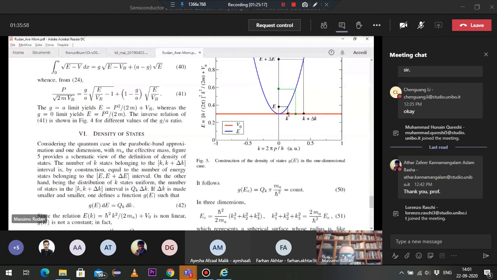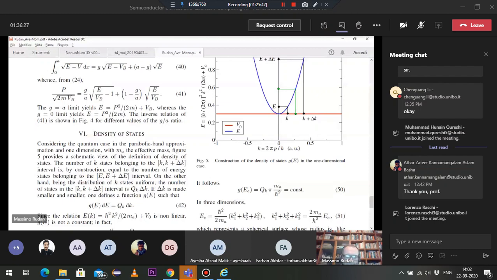Of course, since the K vectors are equally distributed, the total number of K vectors or values that are in the interval, you see equation 42, is equal to a constant density, Q of K, times the length of the interval that we have made infinitesimal.